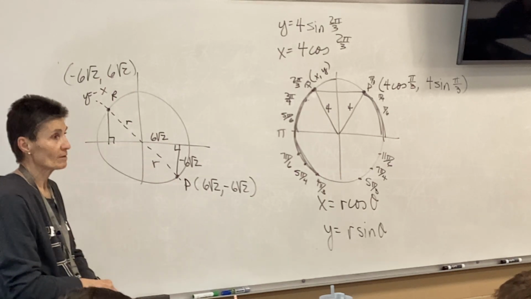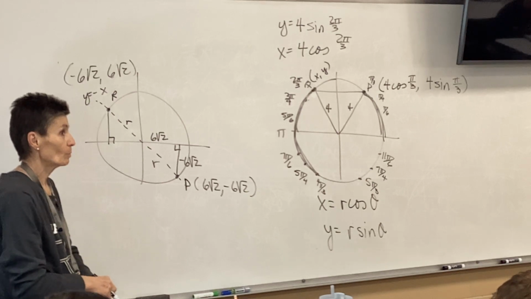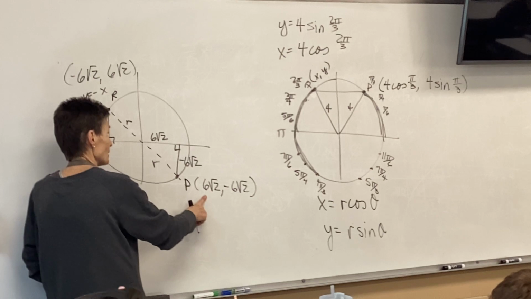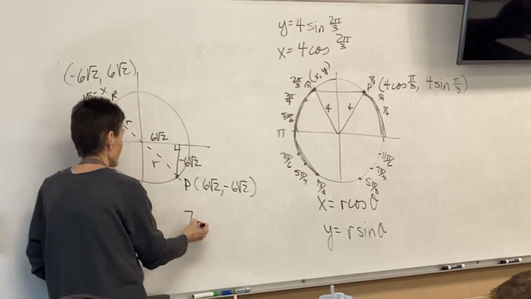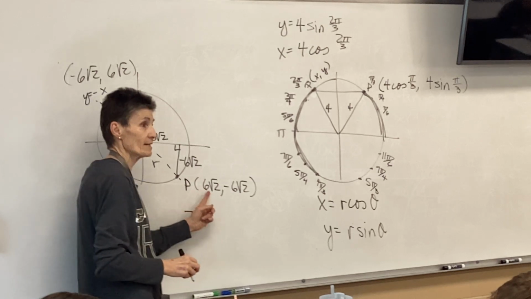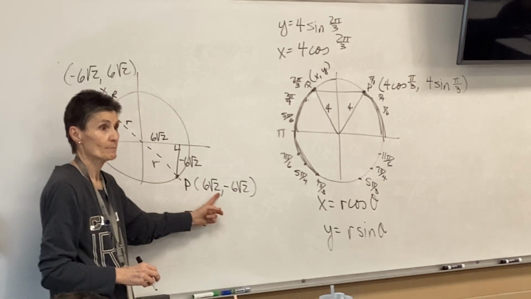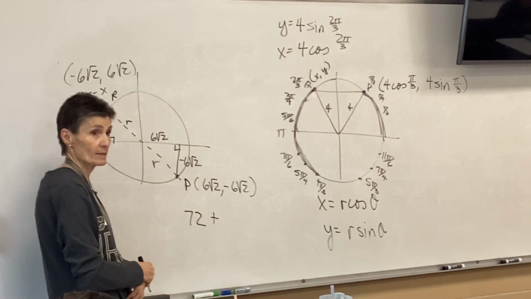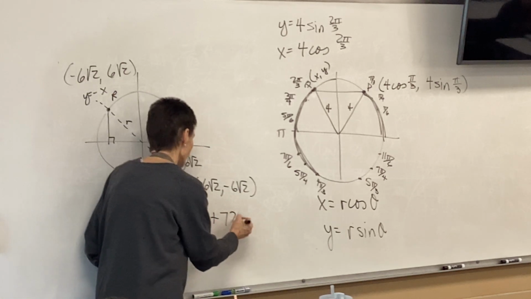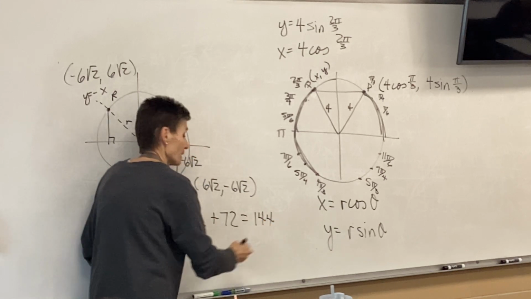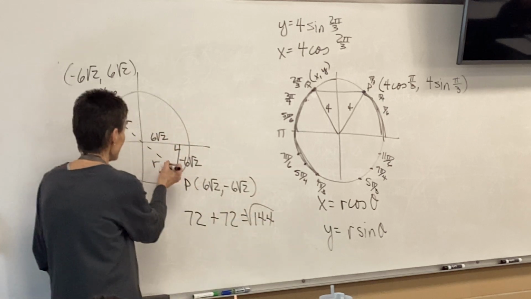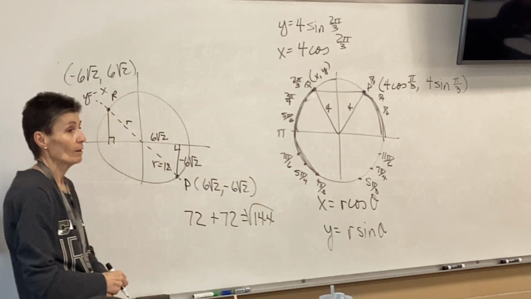We can always find the third side of a right triangle with the Pythagorean theorem. So what do I get when I square 6√2? 72. You square the 6, you square the root 2. 36 times 2. What do I get when I square negative 6√2? 72. So I'm going to add those up and get 144. So my hypotenuse or my radius is 12.